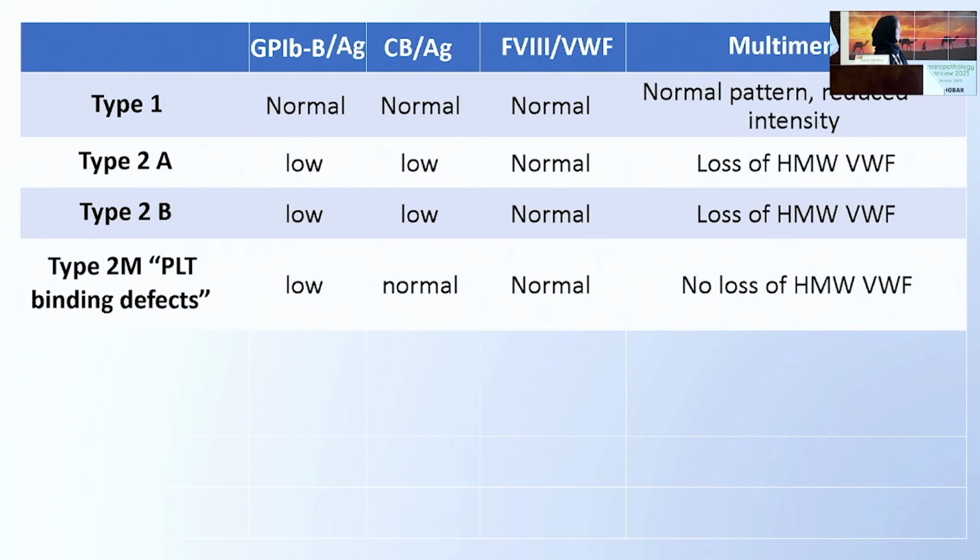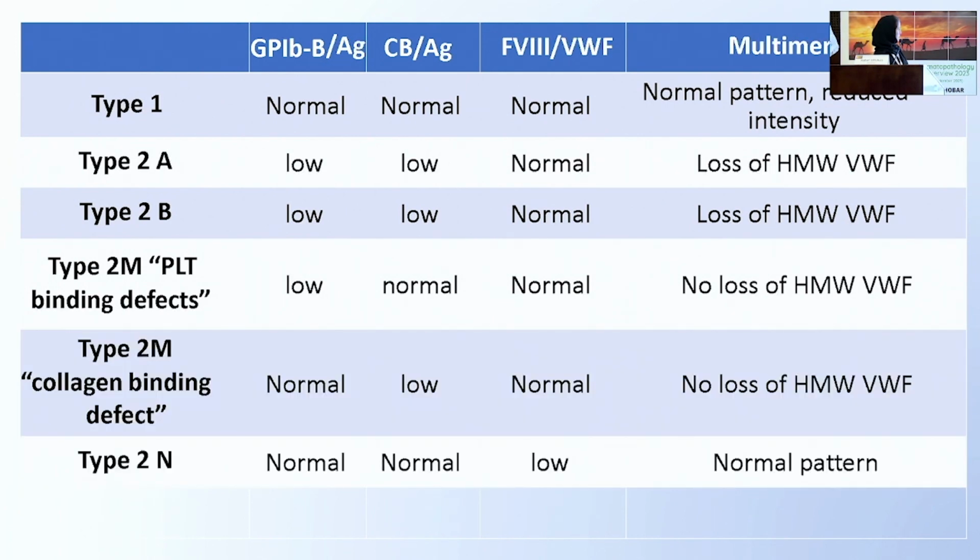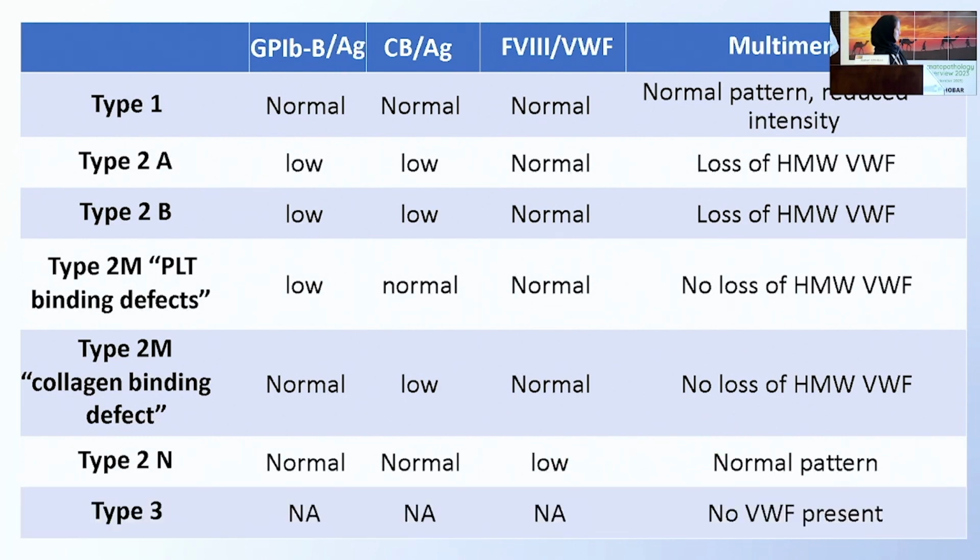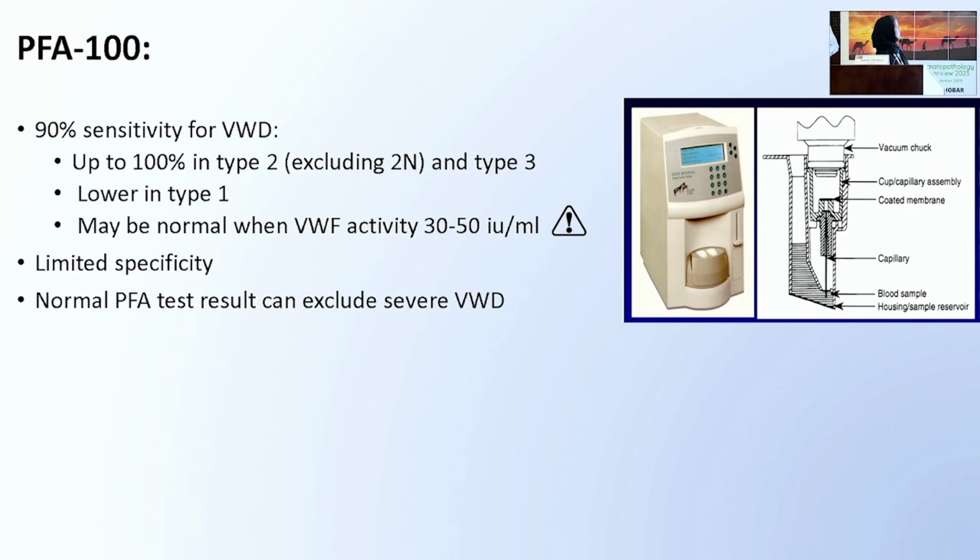Type 2M, the common form of the platelet binding defect, shows low glycoprotein 1b binding with no loss of the high molecular weight multimers. And this is the opposite in the less common form. Type 2 Normandy shows just a low factor VIII to VWF ratio with normal pattern, and the virtual loss in type 3 is noted.